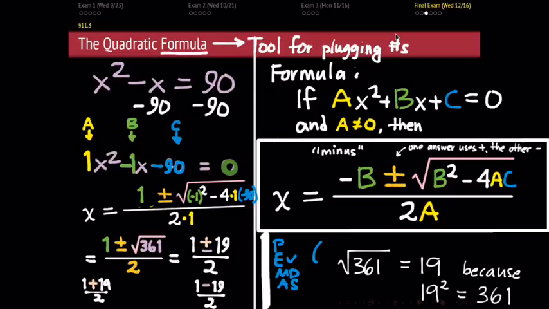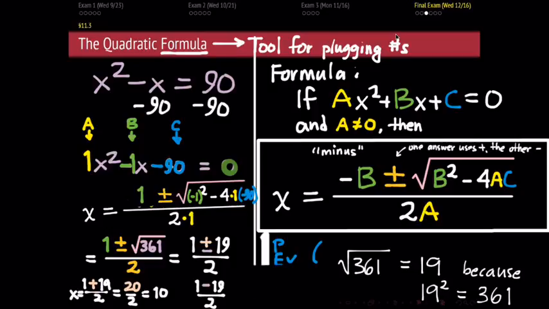1 plus 19 over 2, that's 20 over 2. And what's 20 over 2 better known as? 10. So one of the solutions of the quadratic equation that we started with is x equals 10, which you all found doing it the factoring way. 1 minus 19 over 2. Well, what's 1 minus 19?